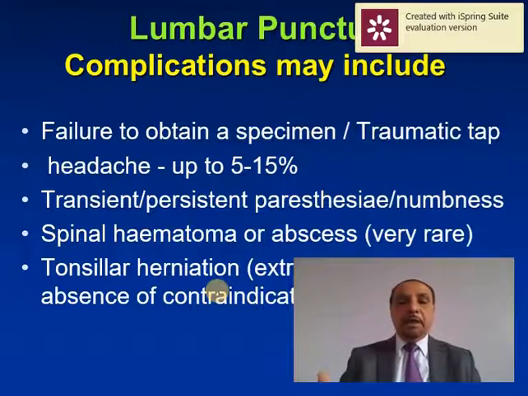There can be a spinal hematoma or abscess, especially in those with hemophilia, although of course it is contraindicated for them. Tonsillar herniation is extremely rare in the absence of the contraindications above. That's why we keep that in mind, and sometimes we do lumbar puncture with a thin needle.